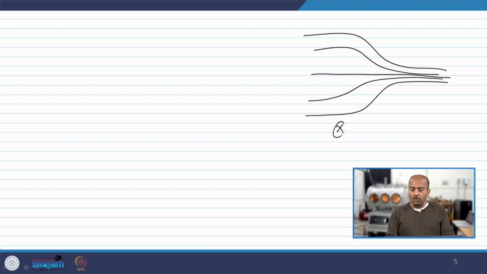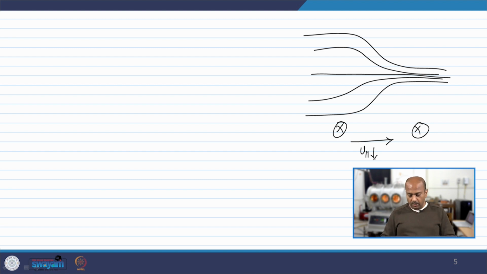Now, let us bring all of these things together. Let us say we have this magnetic field configuration. I have to draw it again and again. Now, we have these two points. What happens is, as the particle is moving further into the strong magnetic field region, its V parallel will decrease.